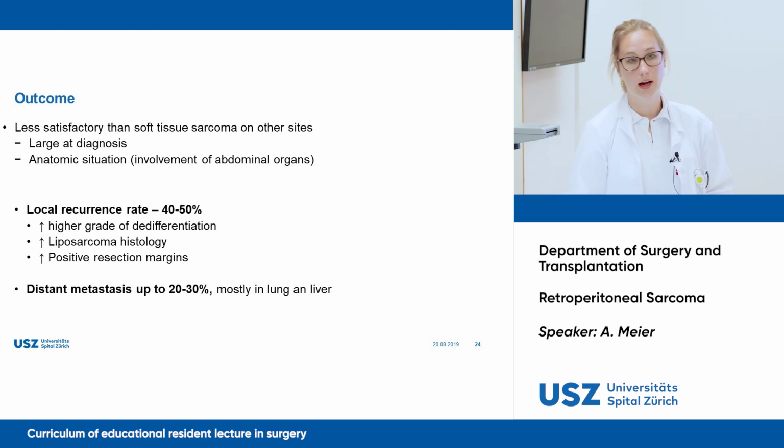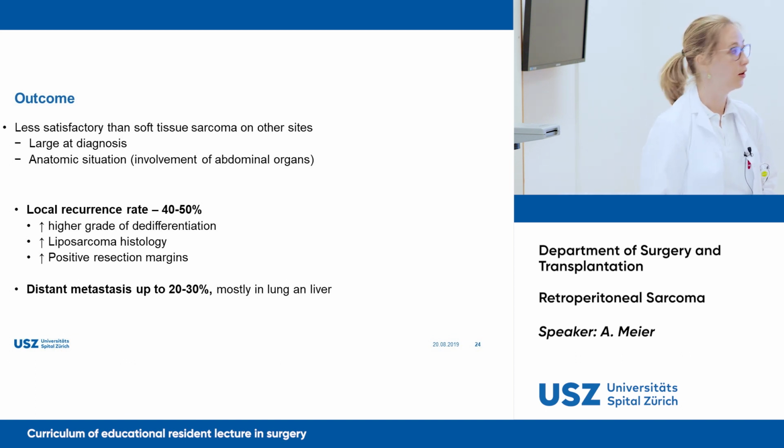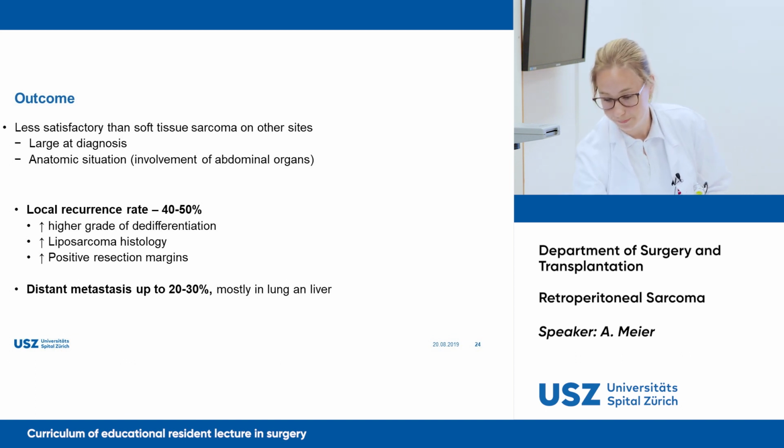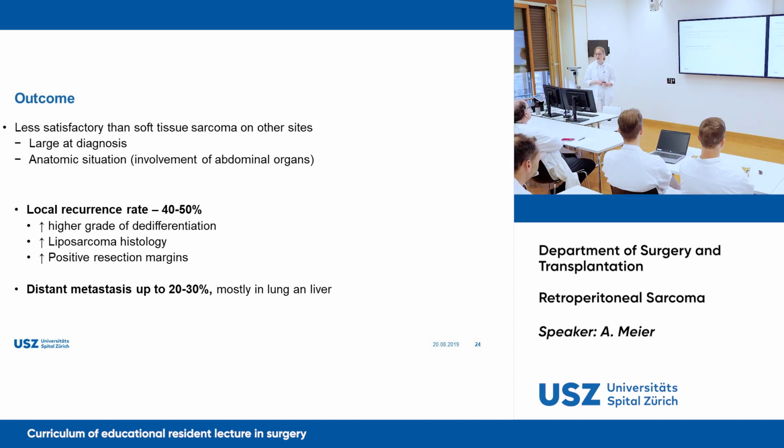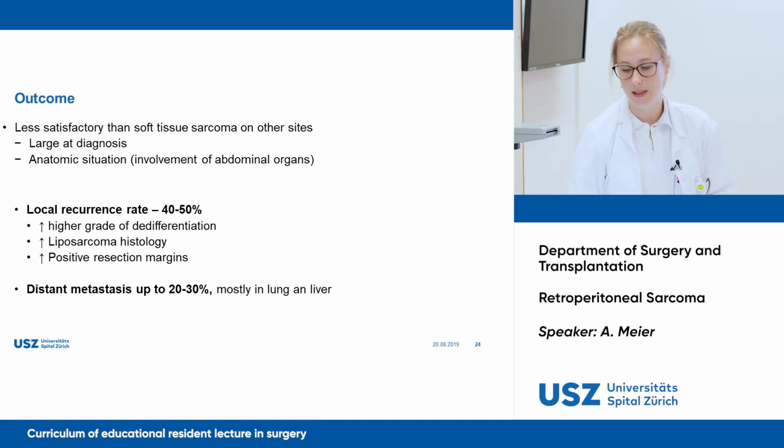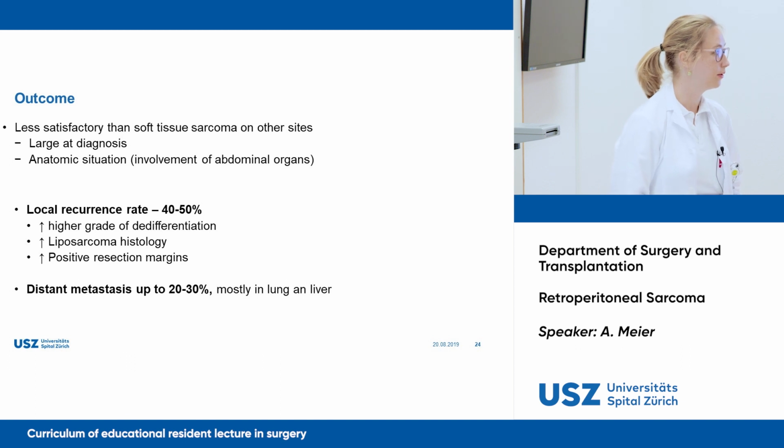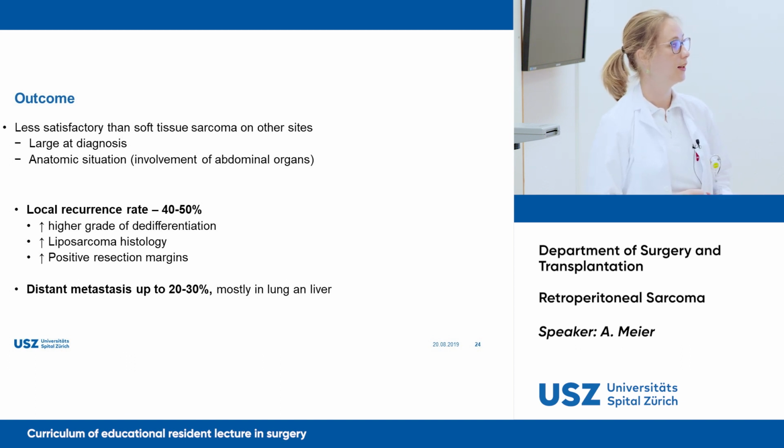There's a high local recurrence rate, about 50%, all of them do recur. We have a higher grade of dedifferentiation. This is one risk factor, and the other one is a liposarcoma with a histology of dedifferentiation and a positive resection margin. There are distant metastases in 20 to 30%, and it's mostly in the lung and in the liver.